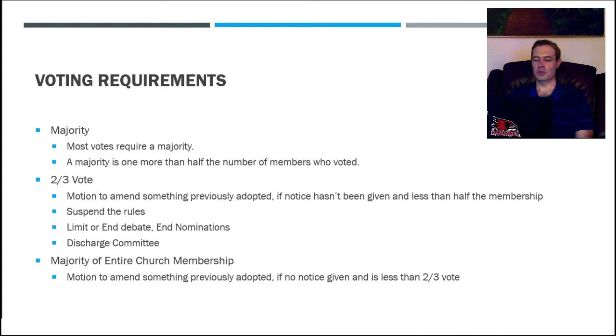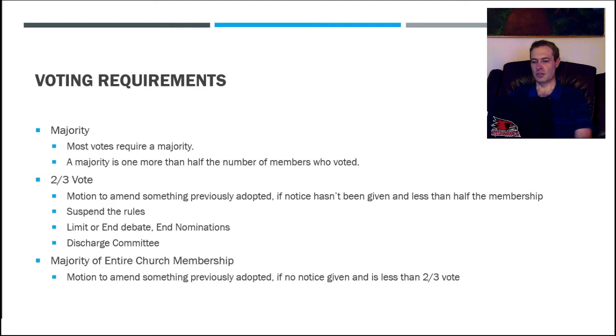If there hasn't been notice given, the motion is in order during a regular business meeting without notice, but because notice hasn't been given, it would require a 2/3 vote. If it's been announced that the motion is going to be made, then you'd only need a majority.